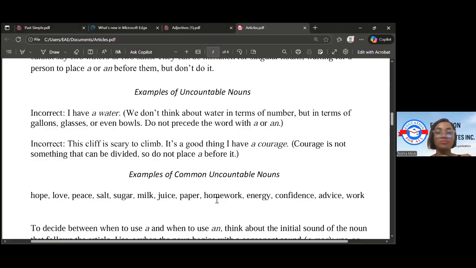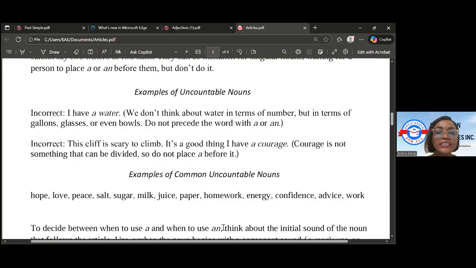Let me explain. For example, we have water, sand, sugar, oil. You can't really count it. You can't say 1 water, 2 waters. You count it in quantities. You can say a glass of water, a bottle of water, and all of that.